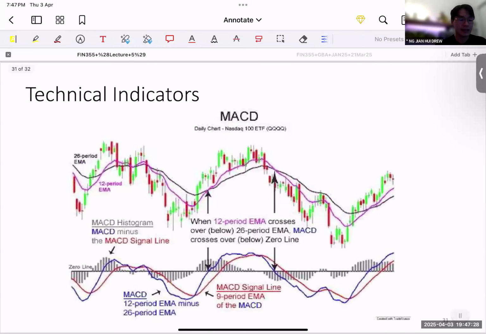So what does it all mean? Let's look at the graph here. We have our 9-day moving average, which is this very smooth line here. And then we have the difference between the 12- and 26-day averages, which is this line here. When this line cuts on the bottom here, this corresponds to a bullish signal to buy, right?